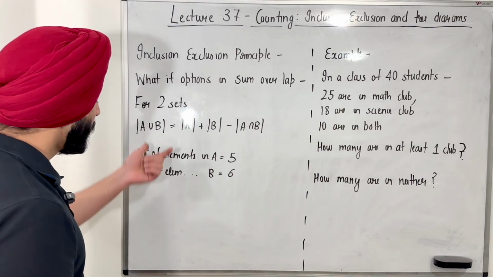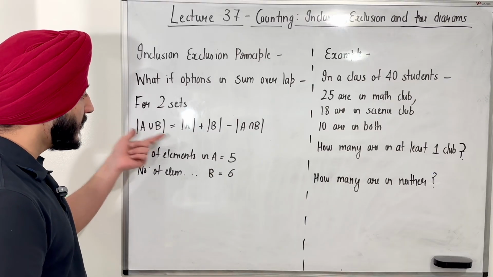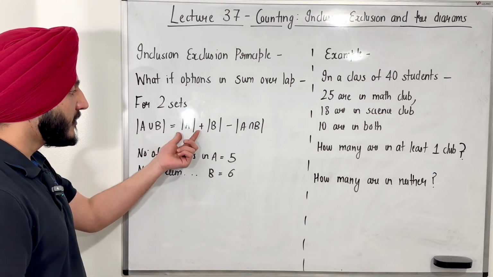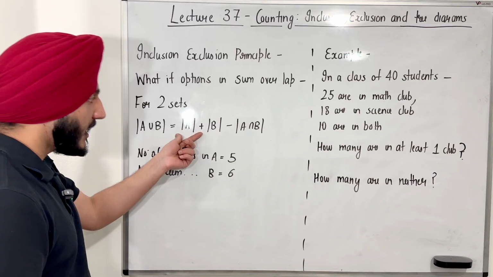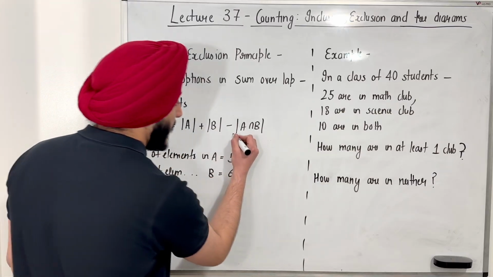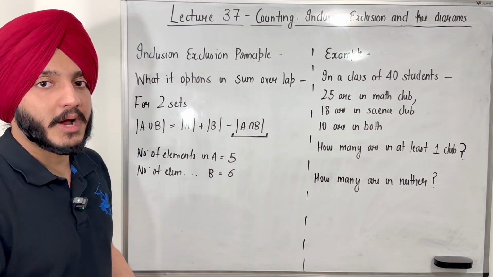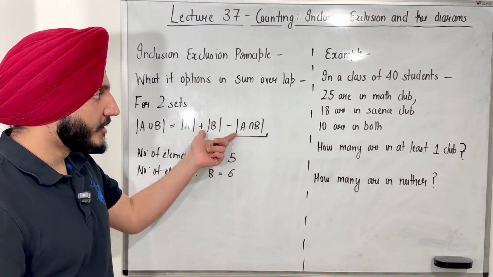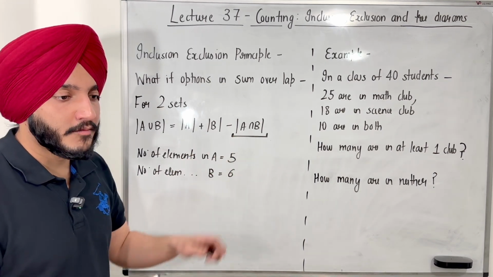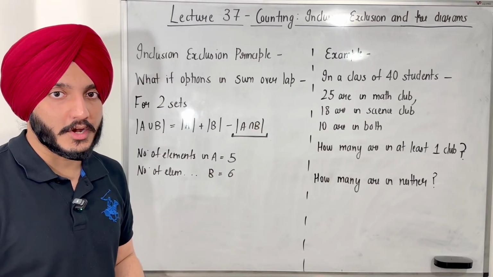So if you remember, if I take a union of these two, then the union is basically the number of elements in set A plus set B, and then we subtract whatever is common between them, like whatever is the overlap between them. And this formula is exactly what we will be using for our counting too, right?